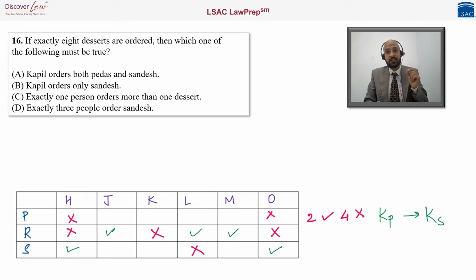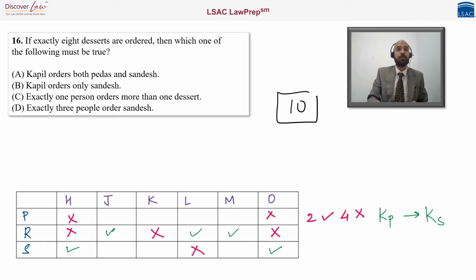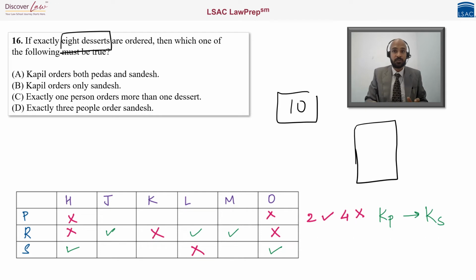If you looked at the first question that we solved, we saw that the maximum number of desserts possible was 10, which means that 10 is the maximum. Now you're being told that 8 desserts are ordered in this case. Like I showed you with the bus seats, let's say there are a total of 6 seats in this bus.